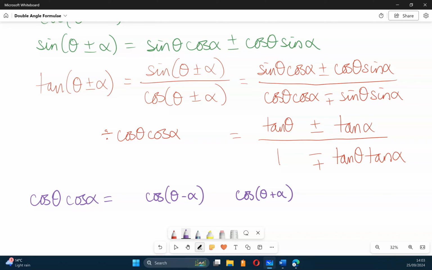So if I add those together, I will get rid of the sine terms. So you just get cos theta cos alpha, but there'll be 2 copies of those, so I'll just need to halve that. So that's a way that I could get this type of relation. And you could do something similar for sine theta sine alpha or tan theta tan alpha, things like that.